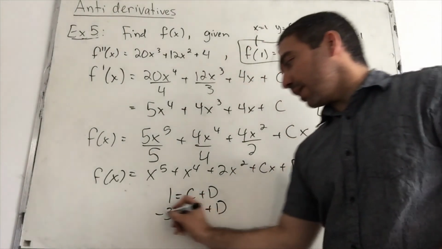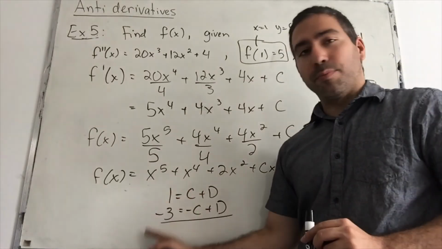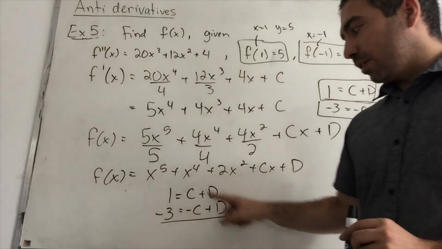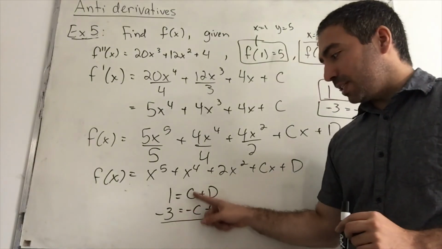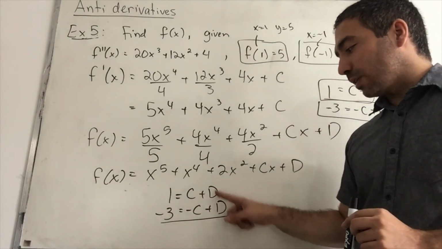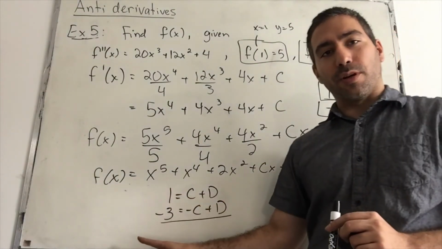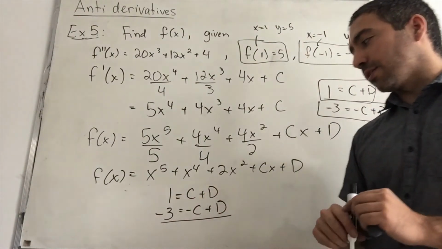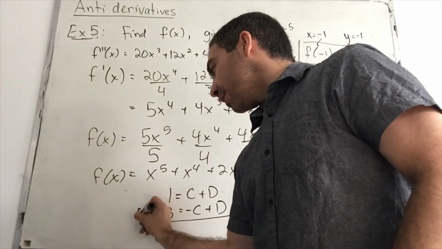What you can notice is that if you add both equations to each other, we have c and negative c. They're going to end up canceling each other out. Or if you want, you could cancel out the d's by subtracting both equations from one another, and that would cause the d's to cancel out. I think it's easier to add, so let's go ahead and add.